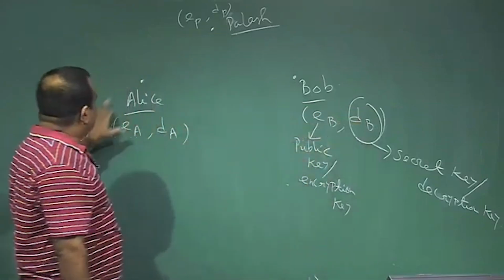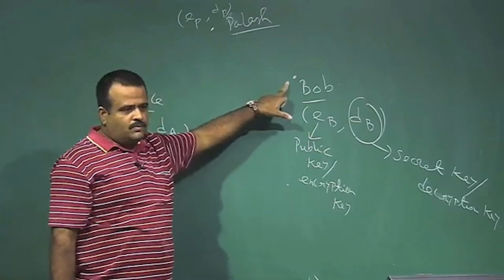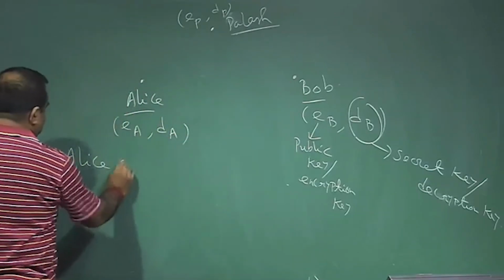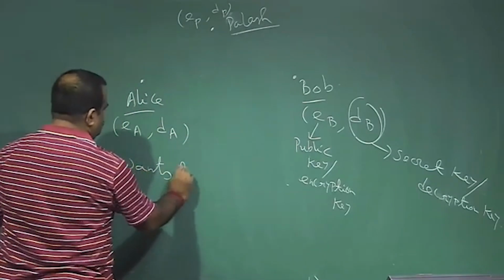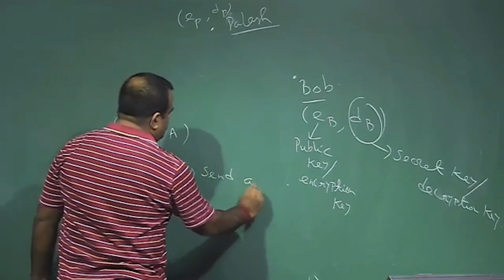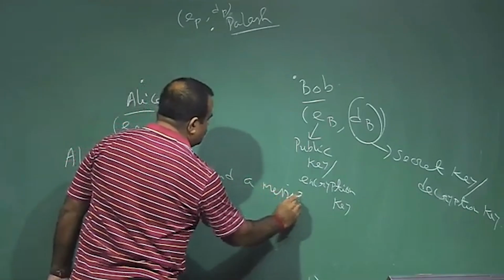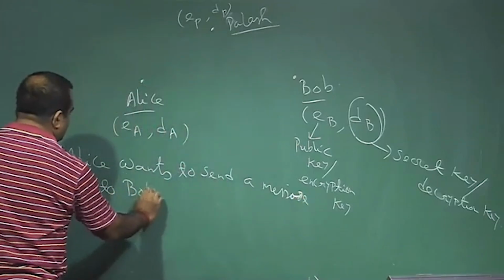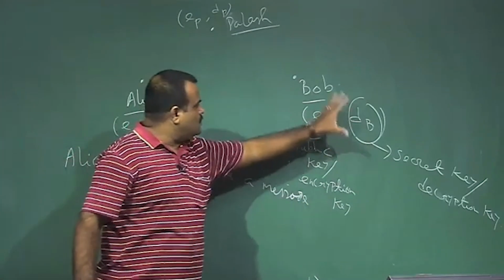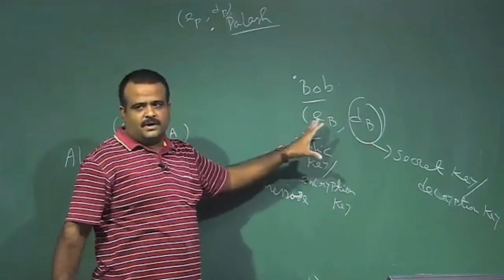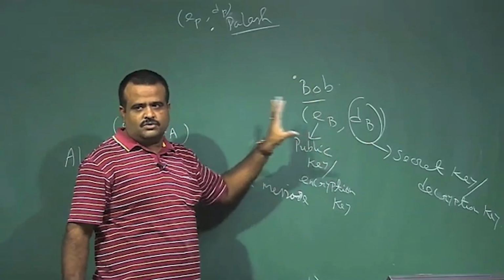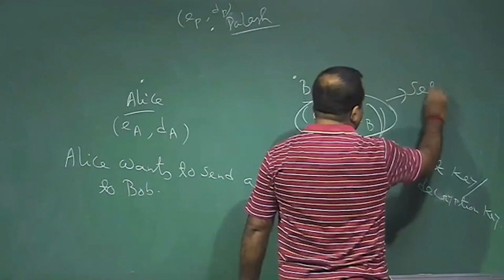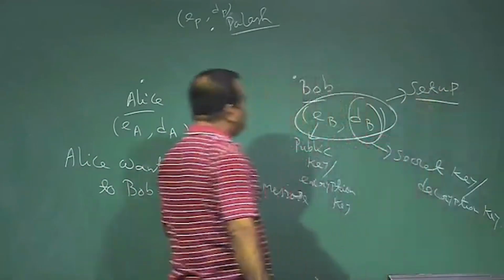Now suppose Alice wants to send a message to Bob. That means Bob has to generate this public key, private key pair. This is the setup phase, and it has to be run by Bob.